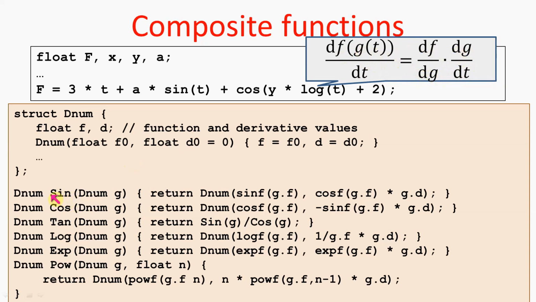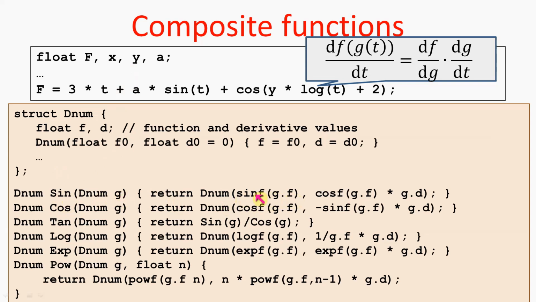It means that our sine function or cosine or all other built-in functions should handle not only real values, using C++ terminology, not only float values, but also dual numbers that represent not only the value but also the derivative. And the response of the sine function to this is just the computation of the value.